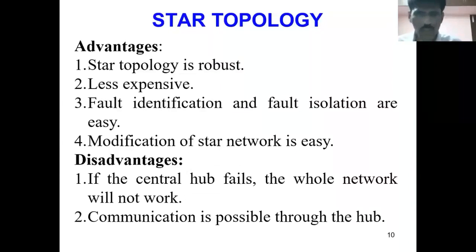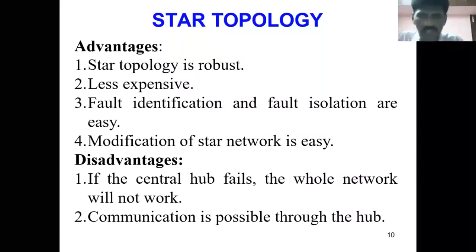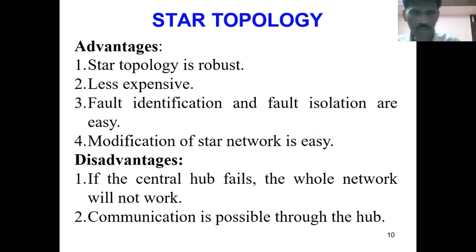As far as the advantages are concerned, star topologies are most commonly used because we can manage the entire network from one location, that is the central hub. So it is easy to control. That's why star topology is most commonly used.